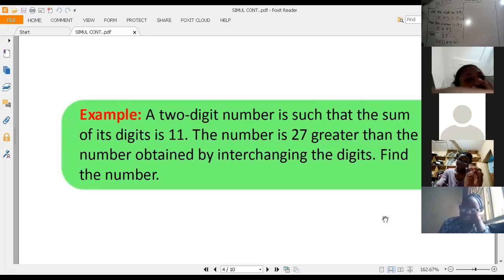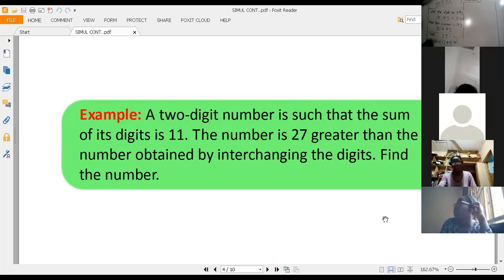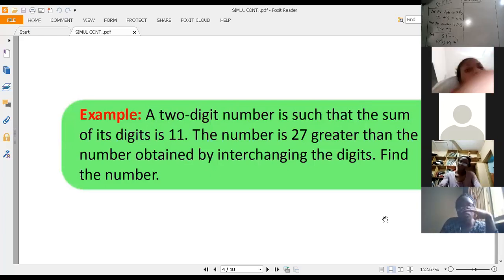Now the question says another statement: the number is 27 greater than the number obtained by interchanging the digit. Now, this is the number, and x and y are the digits. I can rewrite the number as 10x plus y. The number is 27 greater than the number obtained by interchanging the digit.